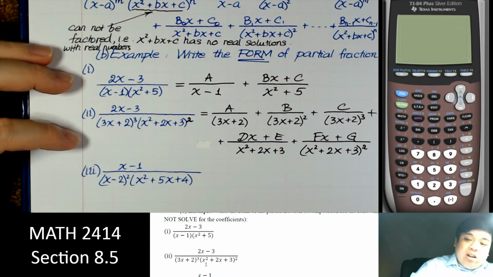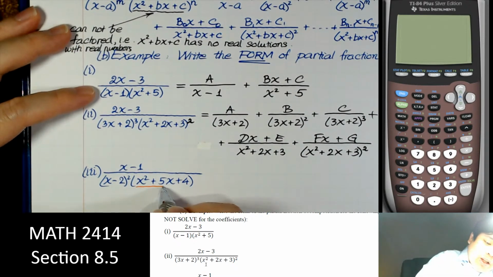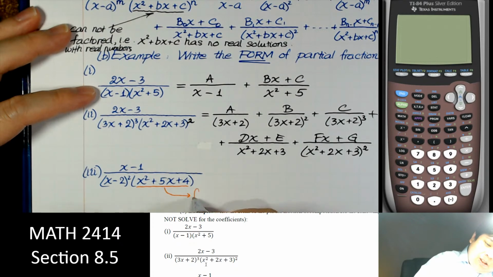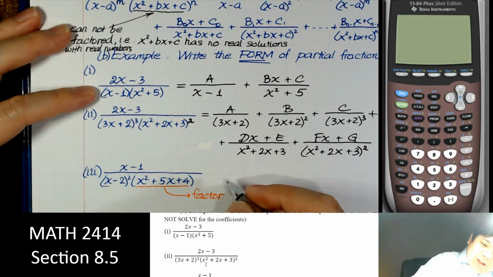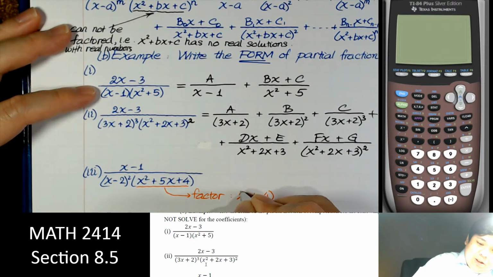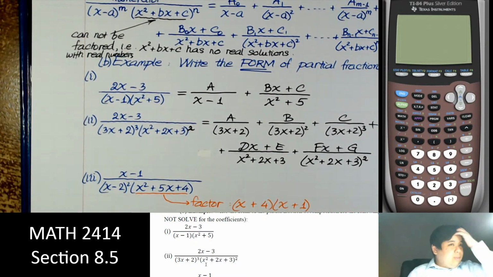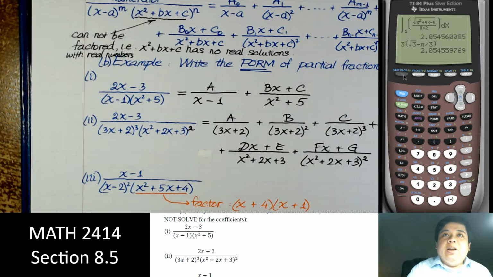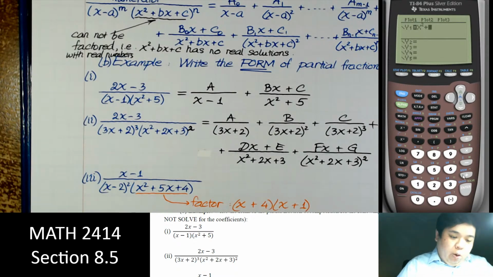Certainly this one can be factored, so we have to factor first. So of course we have x squared plus 5x plus 4.